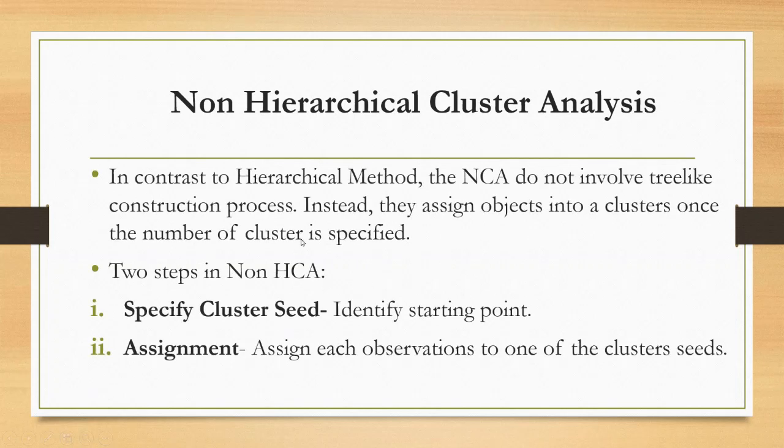Then non-hierarchical cluster analysis. In contrast to hierarchical methods, non-hierarchical cluster analysis does not involve a tree-like construction process. Instead, they assign objects into clusters once the number of clusters is specified. So there are 2 steps in non-hierarchical cluster analysis. The first one is to specify the cluster seed, identify the starting point, then the assignment, which is to assign each observation to one of the cluster seeds.